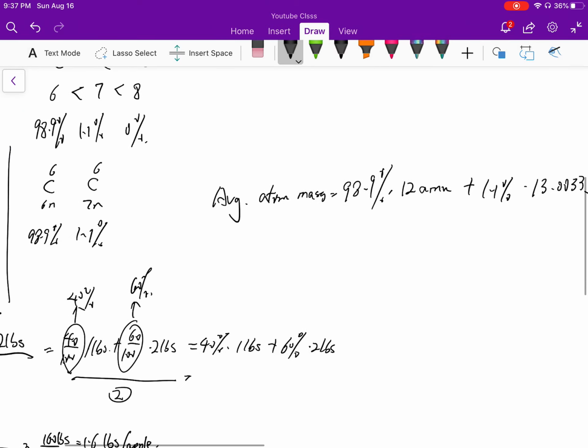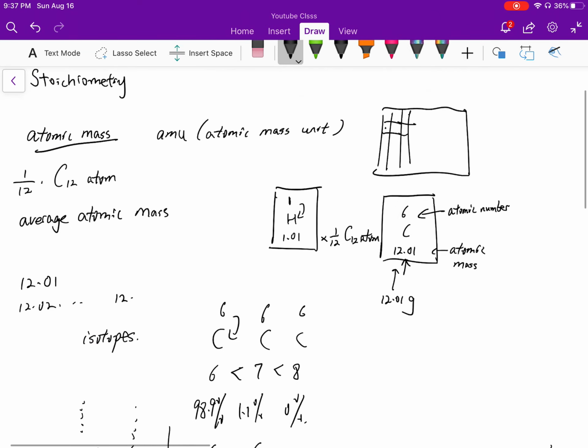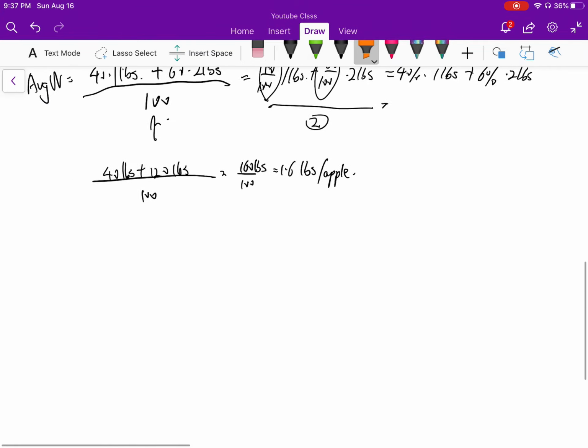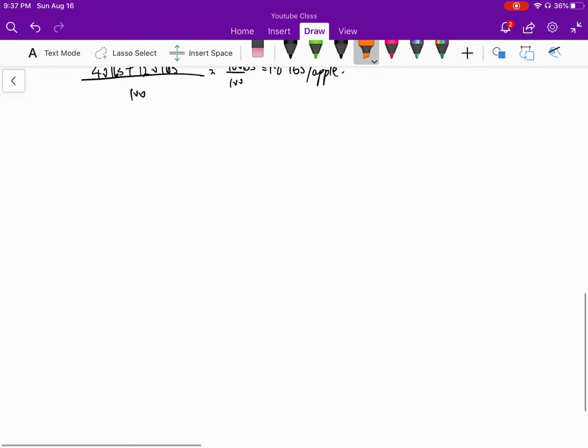And that's why this number in this box says 12.01. And this is actually how all these numbers are calculated in each atom box.